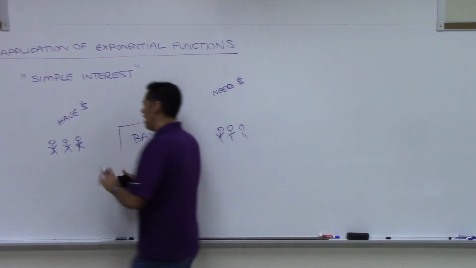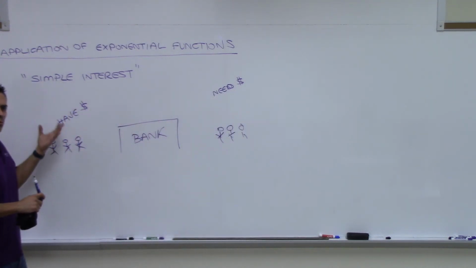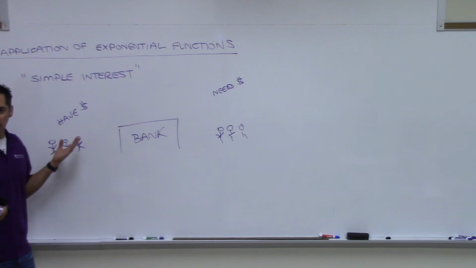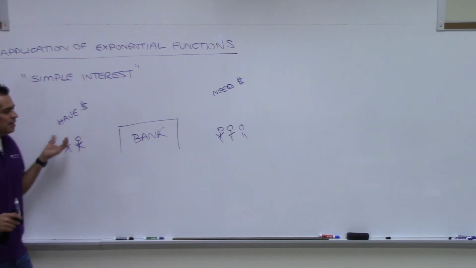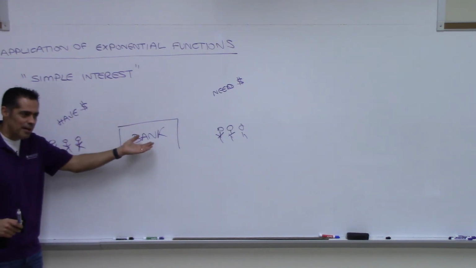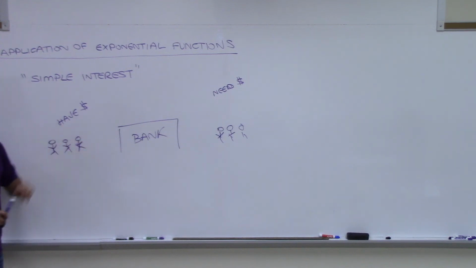These people have money in savings. Where do they put their money? Bury it in a hole in the backyard? Some people do. Some people put it in the bank. So how does it work? The way the bank works is they take these people's money. If you have a savings account or a checking account, you have money in the bank.